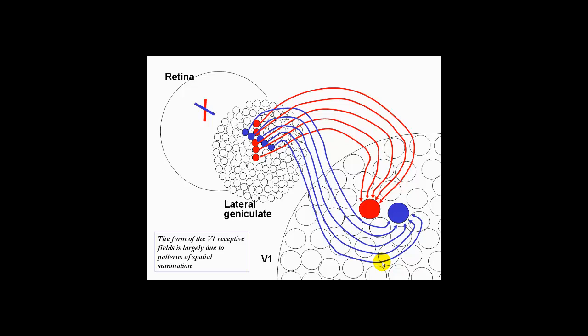So first of all, let's talk just briefly about the lateral geniculate. It turns out that for our purposes, the activity of the cells in the lateral geniculate pretty much mirrors that in the retina. That's only approximately true, but for our purposes it's good enough.